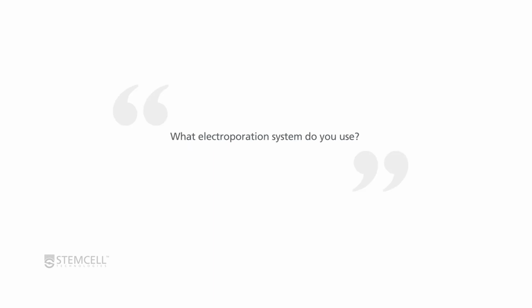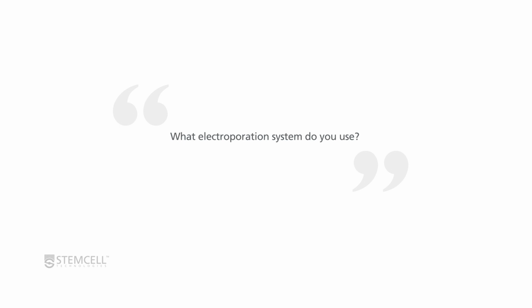Another question related to electroporation: which system do you use? For our studies, we primarily use the Neon electroporation system. It's really useful because you can go down to really low volumes and it's scalable. We also use the Lonza Nucleofector system, which is also a really efficient system for delivering the Cas9 RNP.